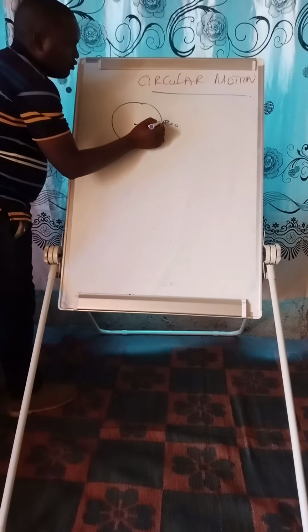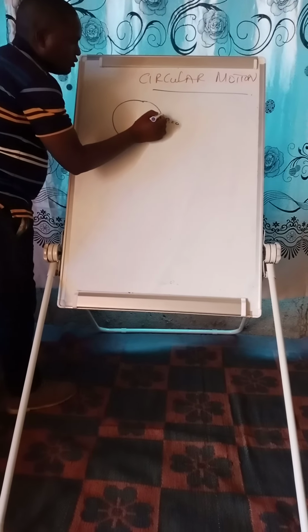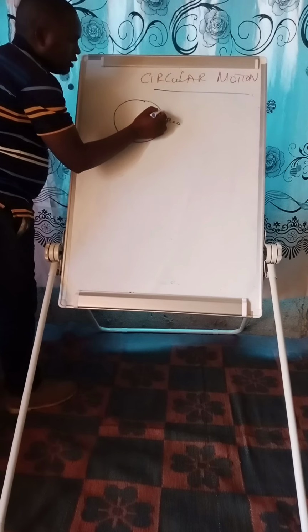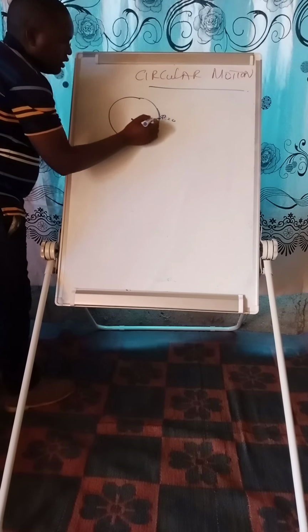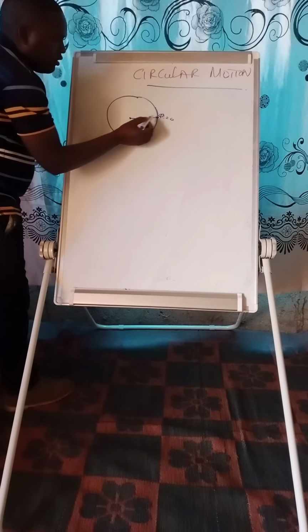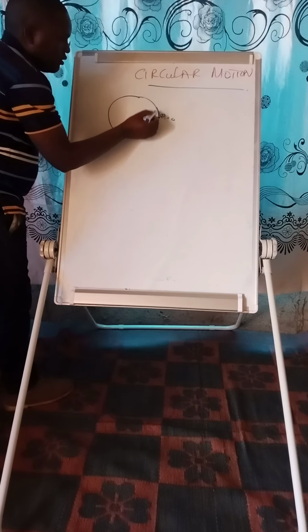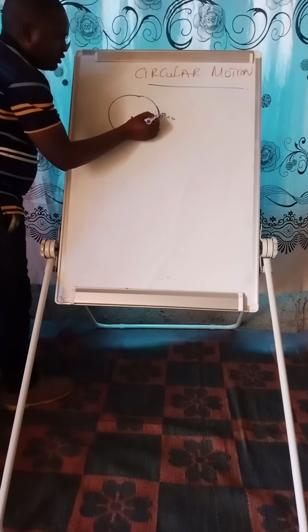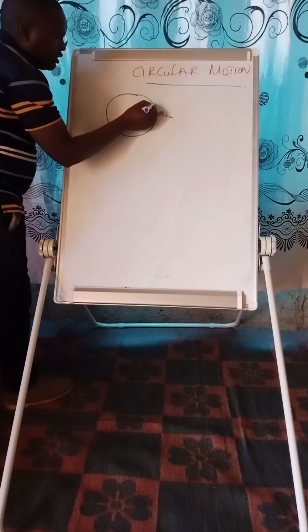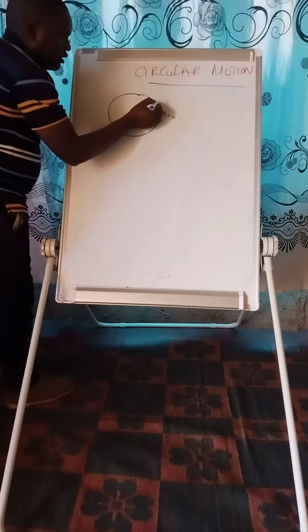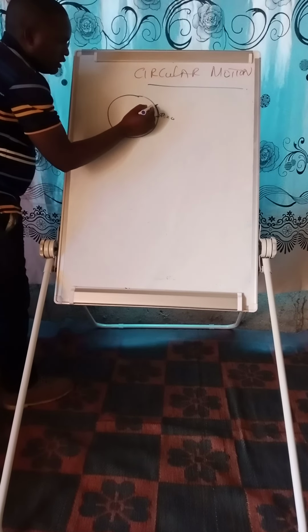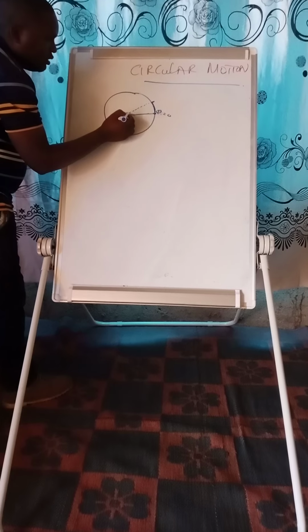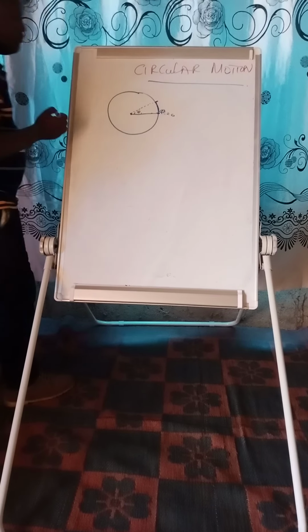When it starts to move, upward or downward, there is some angle made here. For example, when it reaches this point, let's say this point, we find that there is an angle.